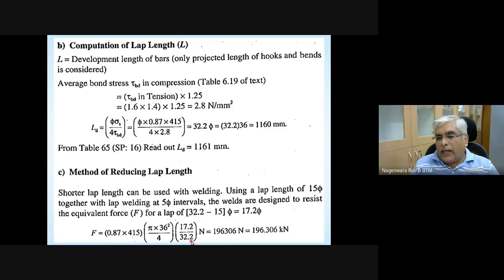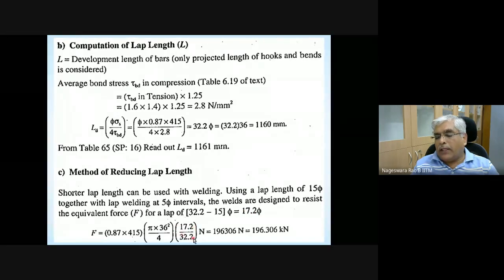If I had provided 32.2 times diameter of the bar, then the rebar is going to have a stress of 0.87 Fy, or 0.87 times 415, but I am providing only 17.2. So 17.2 divided by 32.2, you can see this calculation here. It's all self-explanatory. So this is the force to which we need to design the weld.